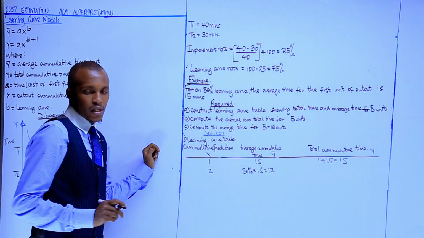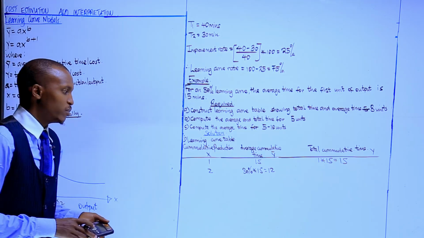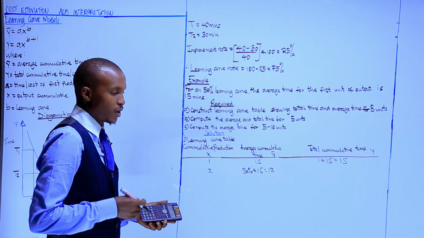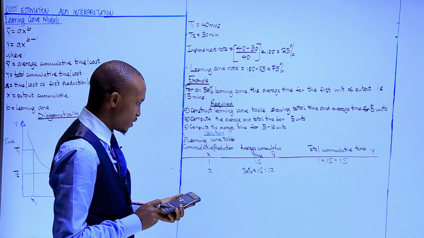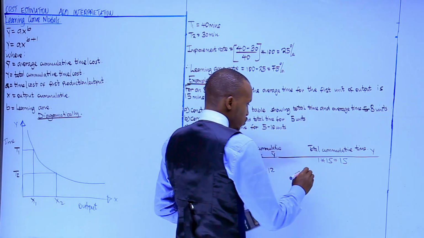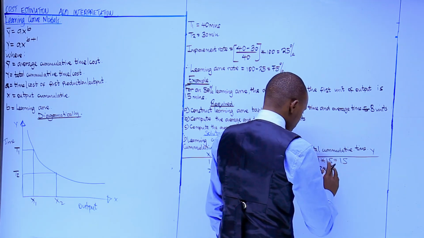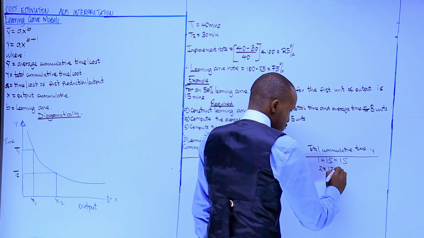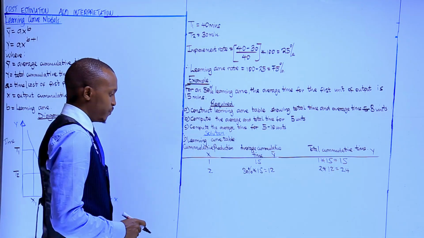So on average, the first 2 units take 12 minutes. Then the total time taken by the first 2 units will be 2 times 12, which is 24.